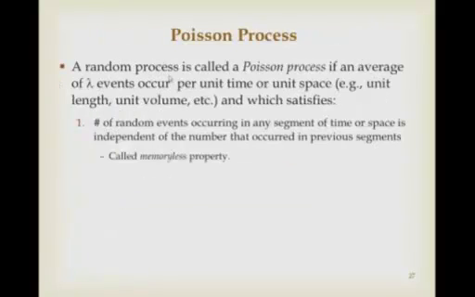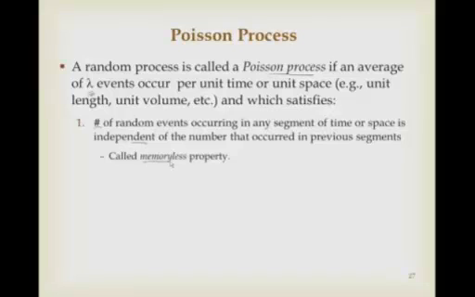A random process is called a Poisson process if an average of lambda events occur per unit time or unit space, and the number of random events occurring in any segment of time or space is independent of the number that occurred in previous segments.